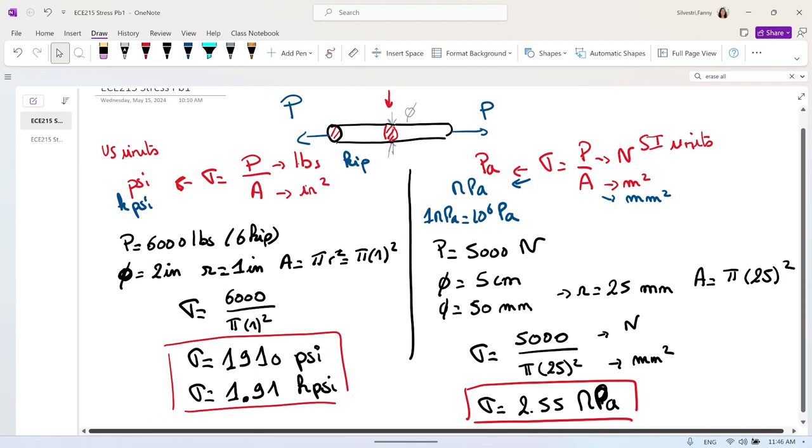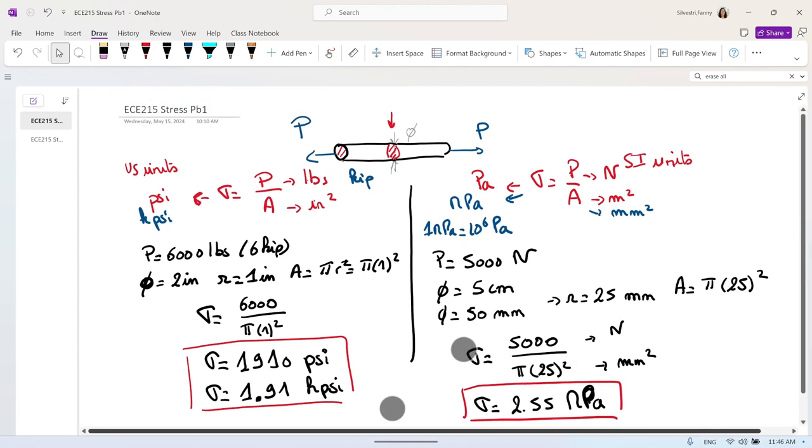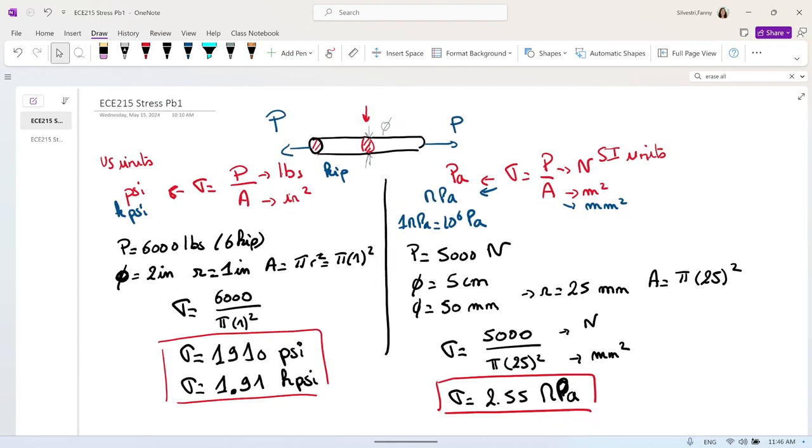Because here our road has a constant area, it doesn't matter where we look, but it's important to look at the area of the sections where we want to find the stress if the road is not always the same diameter. So I hope you get that first problem right, and check your units.